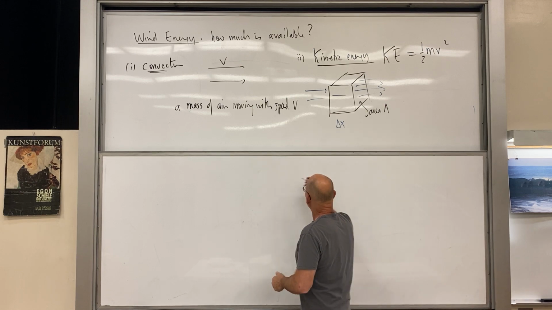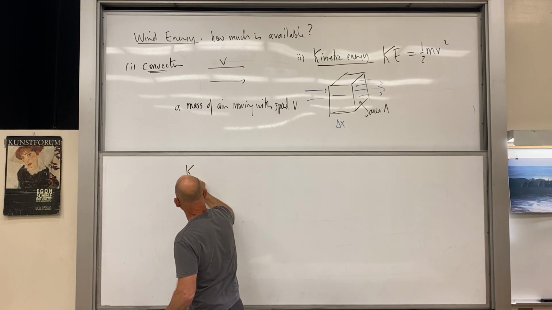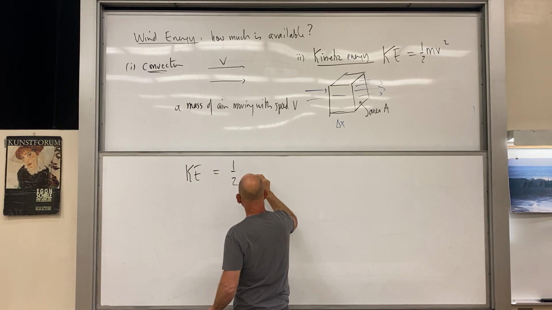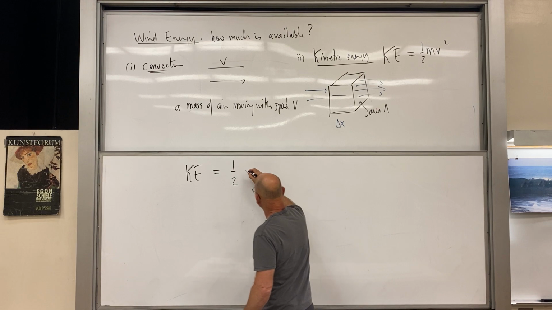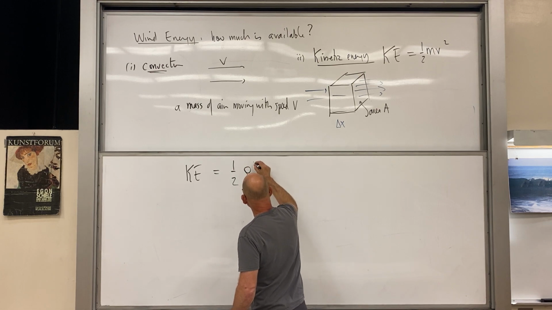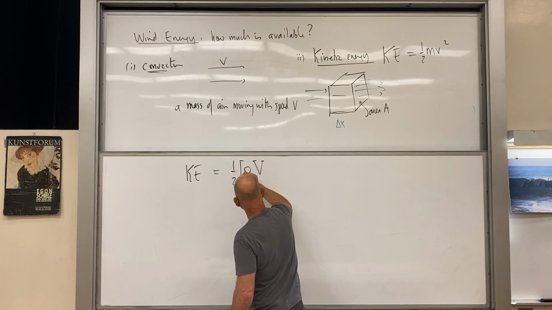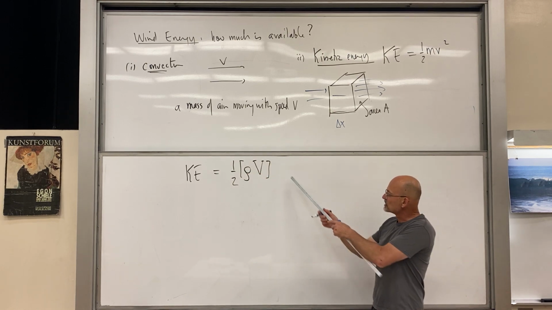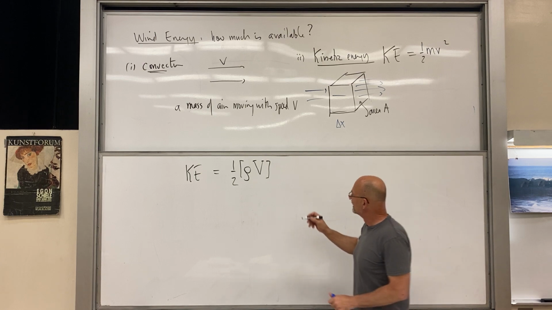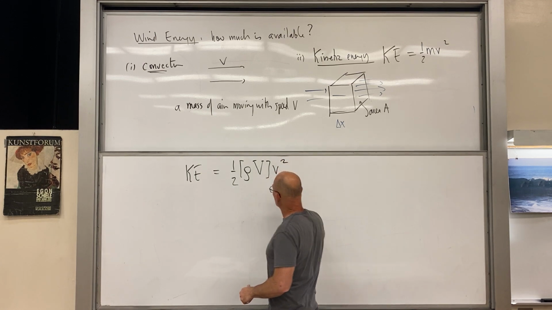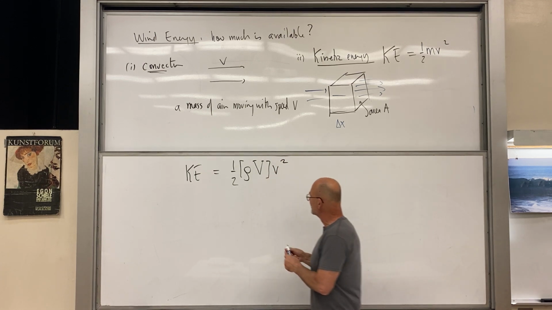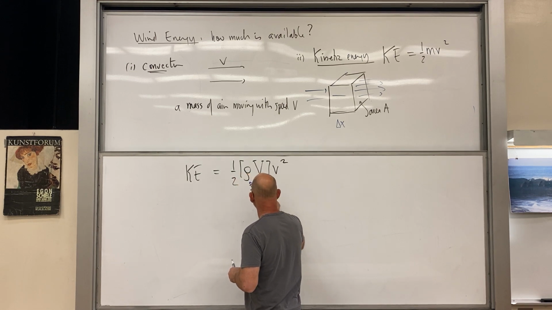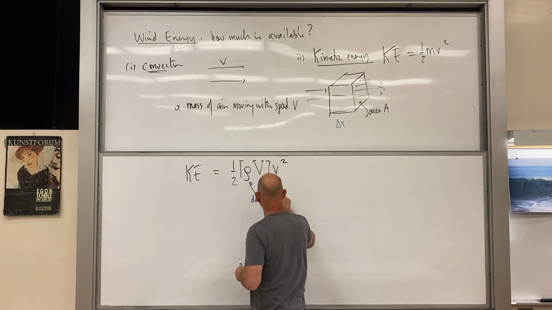So here we go. Kinetic energy equals 1/2. Now that mass is going to be density times volume. Where have we seen that before? When we were talking about water, this time we're talking about air, times v squared. Okay, so let's even label this just to make sure we remember. Density, volume.